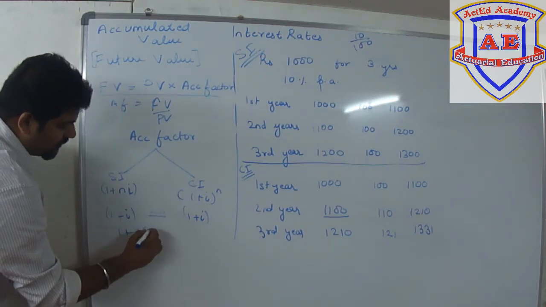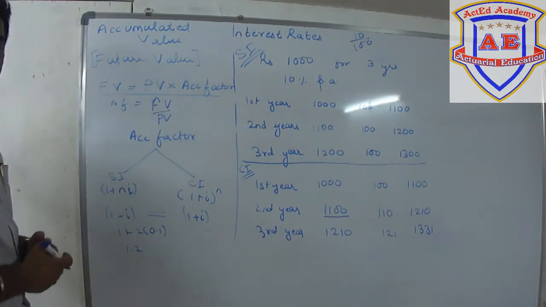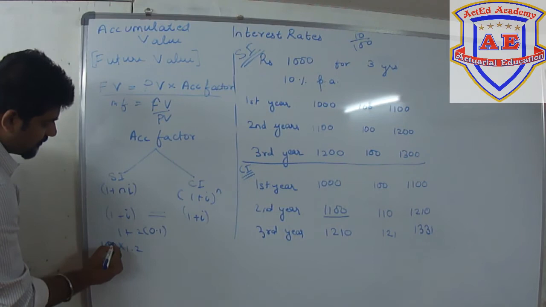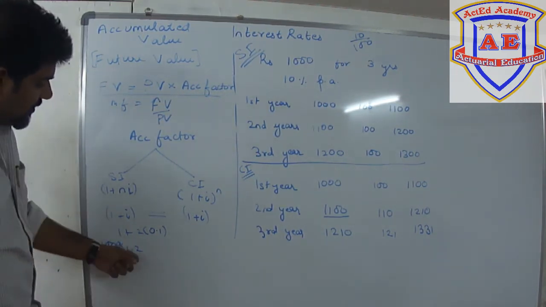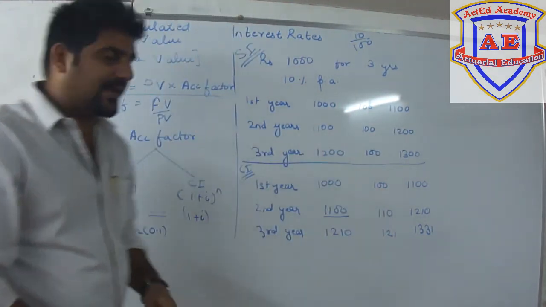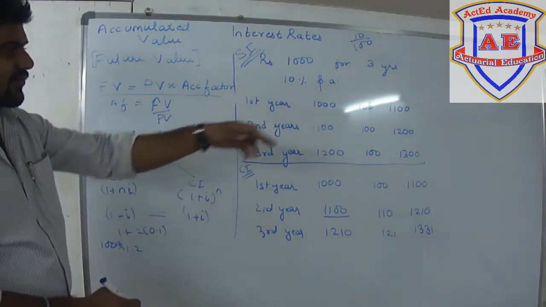So 1 plus 2 into 0.1. 1 plus 0.2 is 1.2. So if I am multiplying 1.2 with 1000 rupees, what am I going to get? 1200. I hope it's clear. By multiplying 1000 into 1.2, I will be getting 1200.